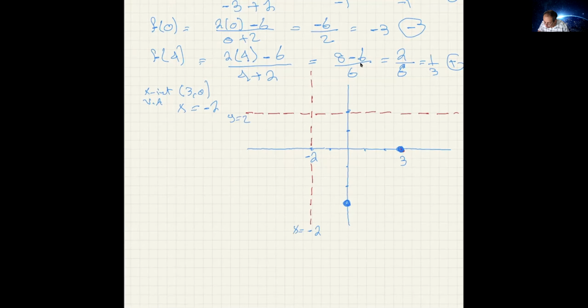Okay, now the function, based on the test, does not cross the horizontal asymptote. So the function cannot be here. So it must be down below y equal 2. And it goes with the x-intercept and y-intercept. In other words, the function would go this way. Maybe you need to add more to that line.